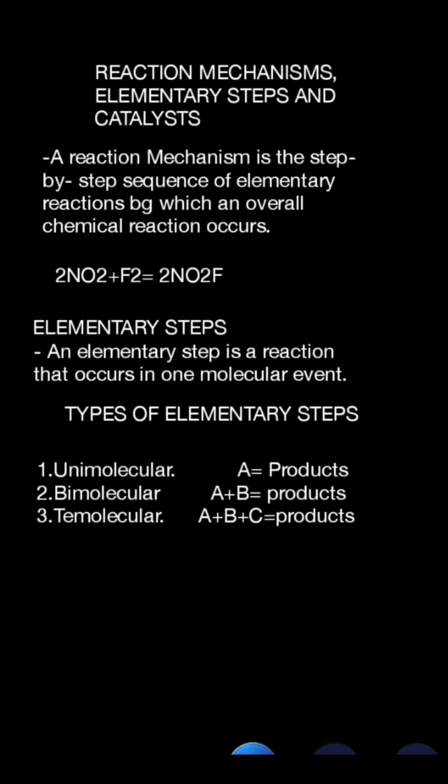Now let's talk about reaction intermediates. A reaction intermediate is a species that is formed in one step and is consumed in a later step, so it does not appear in the overall reaction.